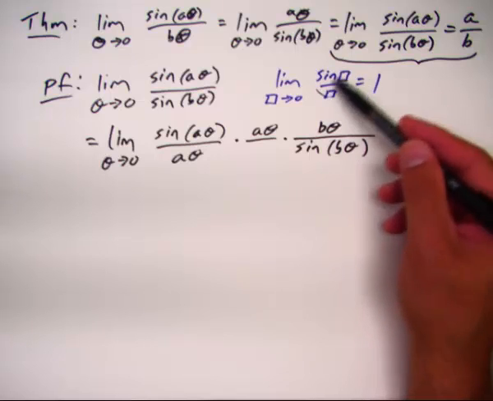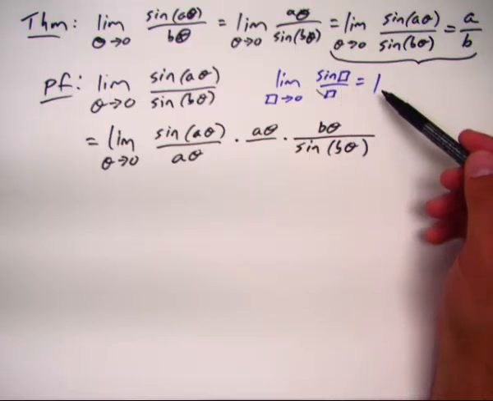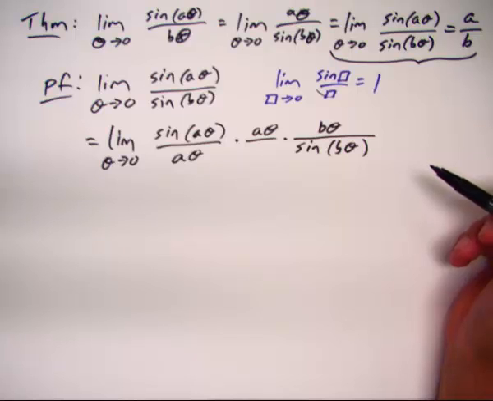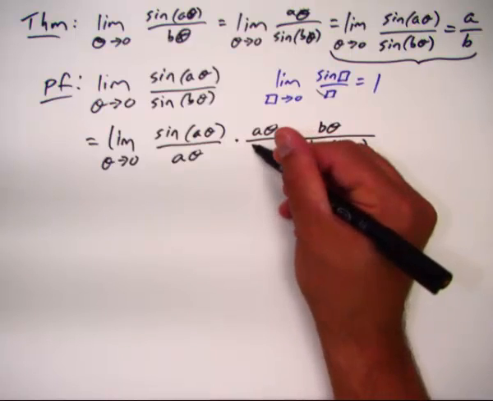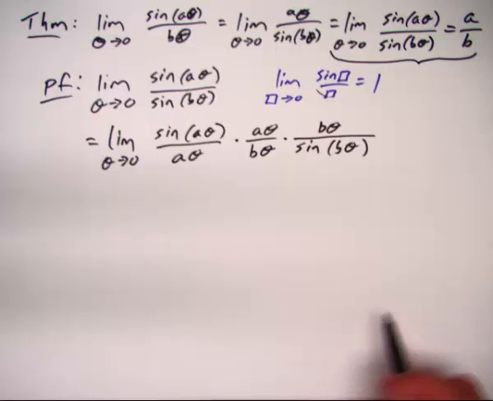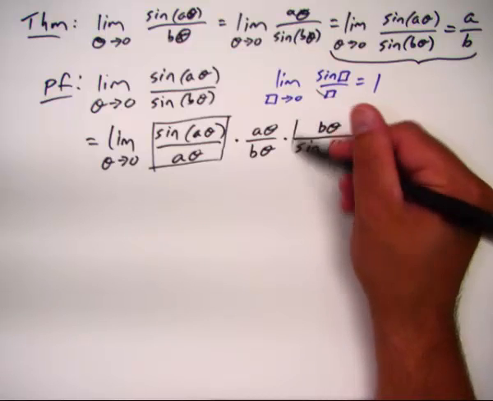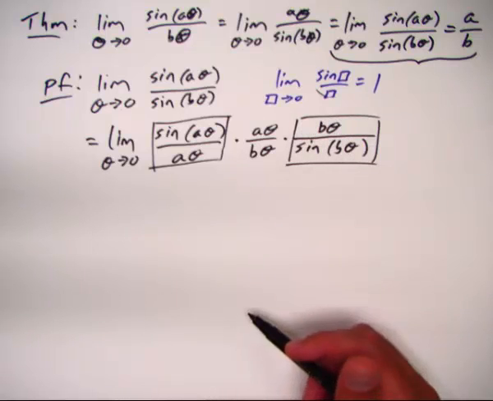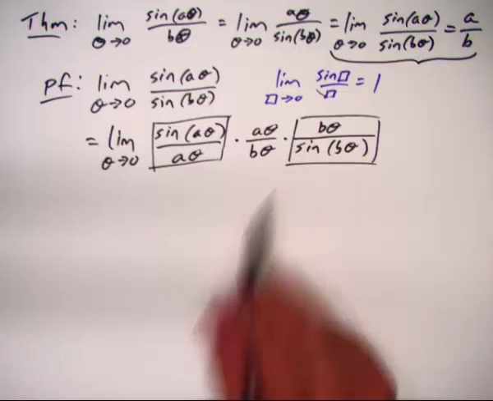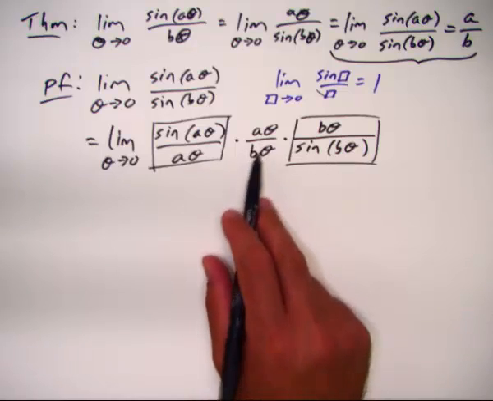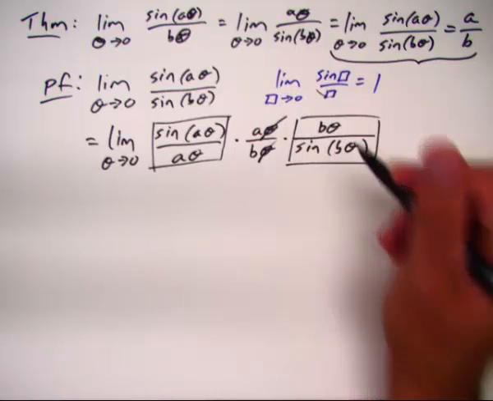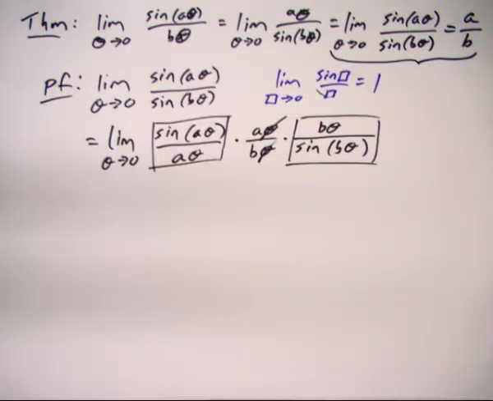It would just be 1 over this limit, which is 1 over 1, which is also equal to 1. But if I multiply by b theta, I have to divide by b theta. And now I have one box over here where this is good. This one is also good. I can play around with both of these very nicely. And what's left has thetas canceling out.